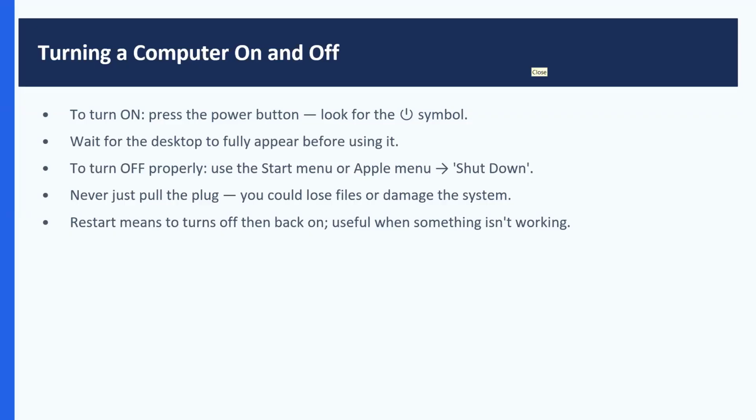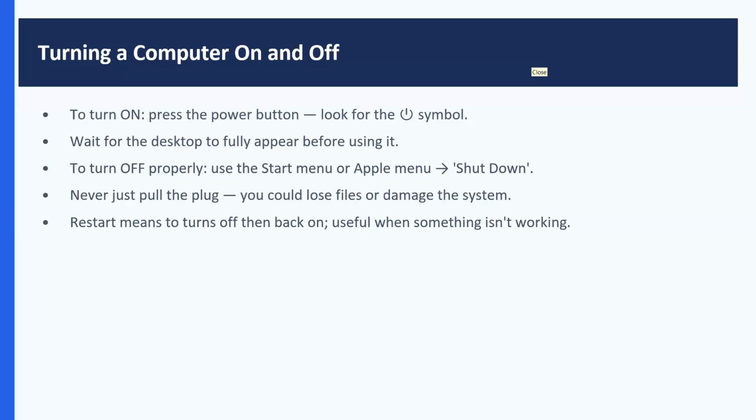Okay, so just for the basics on how to use a computer, the on button looks like a power symbol, and that is to turn on the computer. Before doing anything, we just need to wait for it to load. But to turn it off, you can't just press the power button again. You need to save your work and close out of it, and then you'll have to shut down instead of just closing or shutting down your laptop.